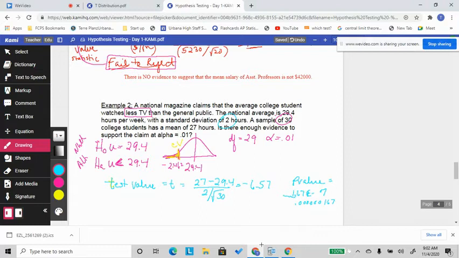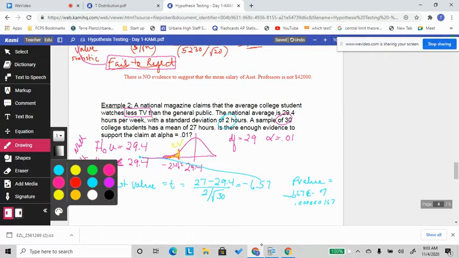Okay, so let's take a look at this. This negative 6.57, so the shading starts at negative 2.462. This is landing way, way, way down here on the curve. So are the college students significantly less than the general population?